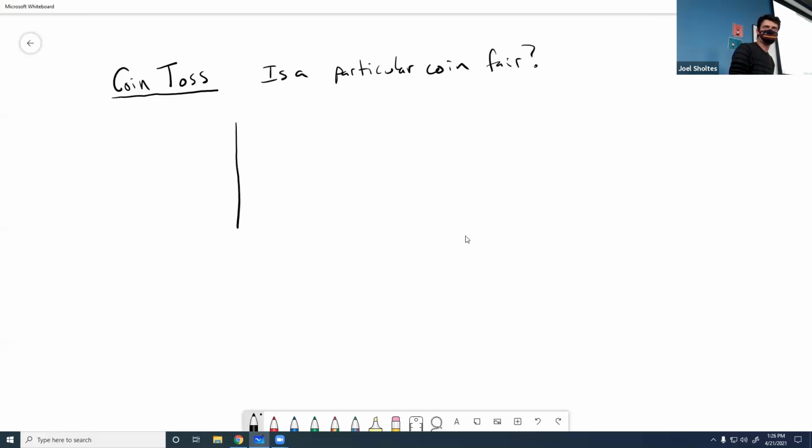All right, so we'll go toss a coin 100 times. And we'll do that a bunch. And so our random variable is the number of heads out of 100 tosses.